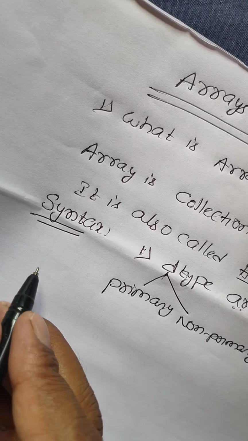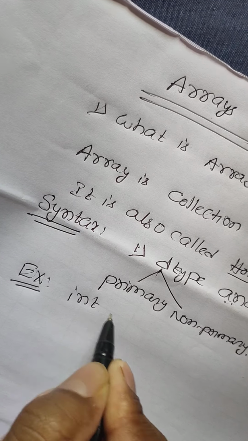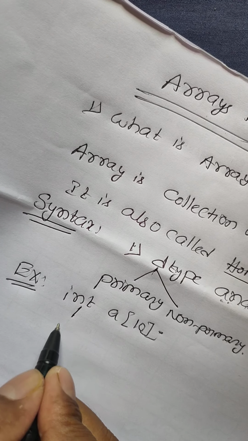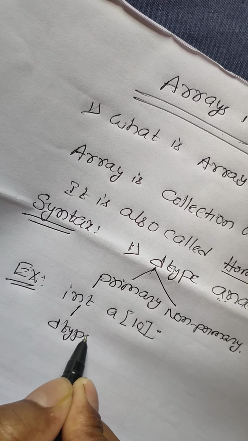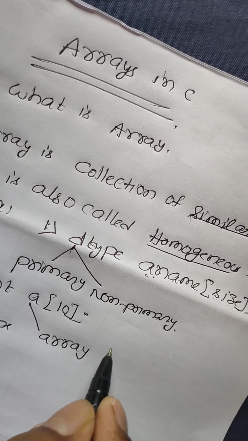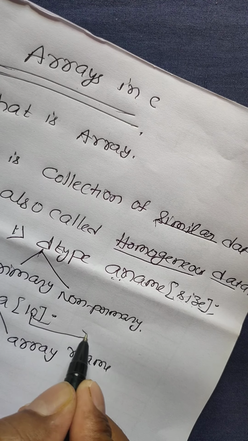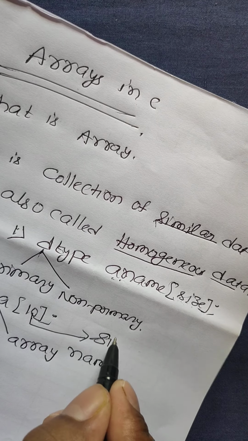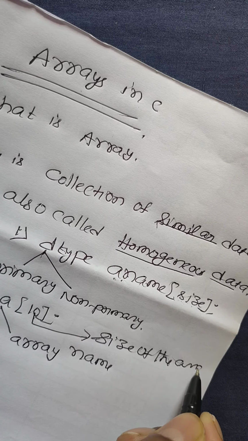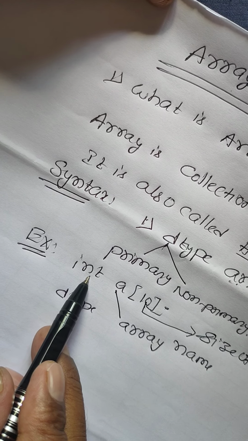Let us take one simple example: int a of 10. Int is the data type, a is the array name, and 10 is the size of the array. So it can contain 10 integer values.